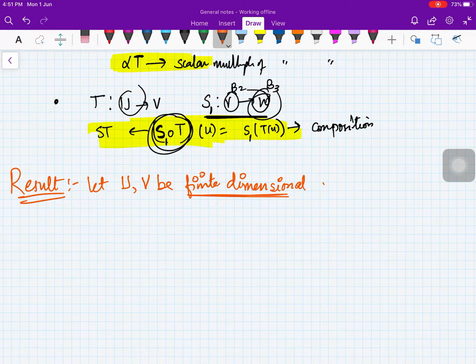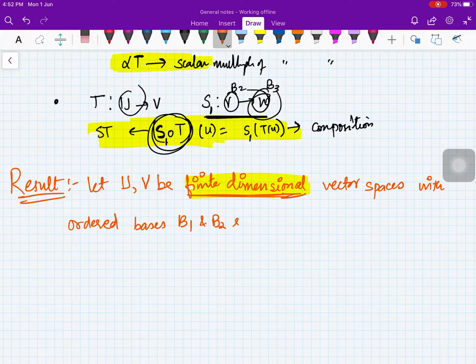So let U and V be finite dimensional vector spaces, and note that this is very important, with ordered bases B1 and B2 respectively.